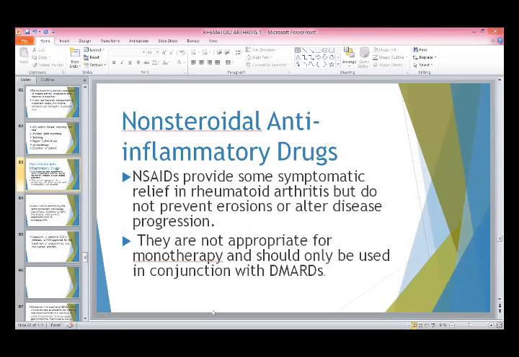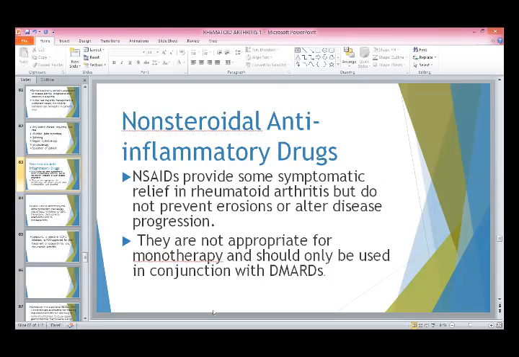As far as NSAIDs are concerned, more than 100 are available in the market, and one generic is manufactured by more than 30 companies. But that depends upon the suitability for individual patients.